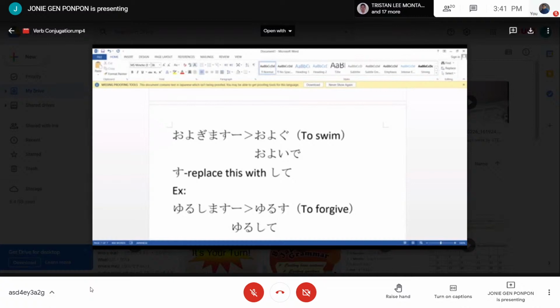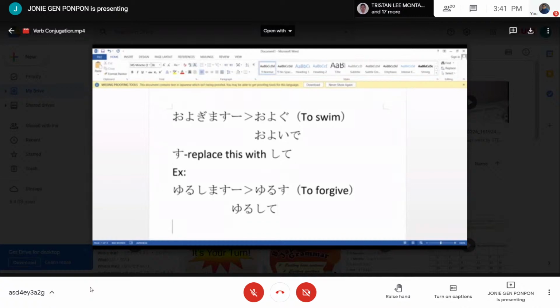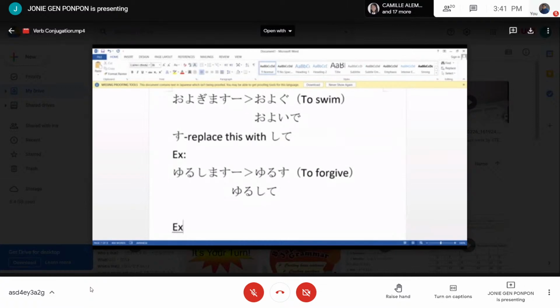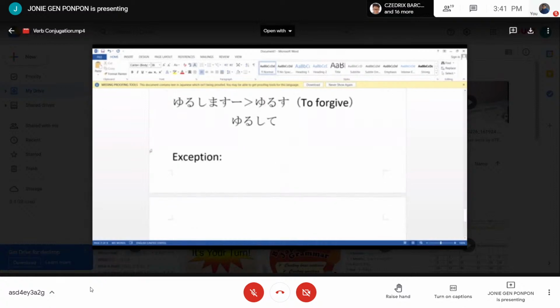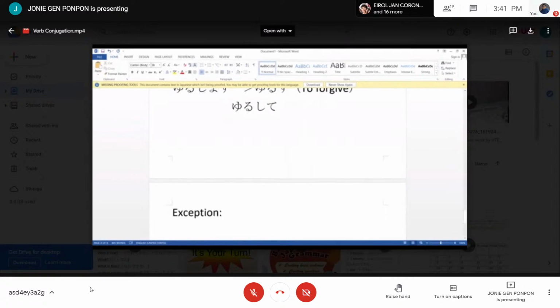Then for group 1 verbs, there is one exemption. Okay? Exception. Exception for this is the verb ikimasu. Okay?